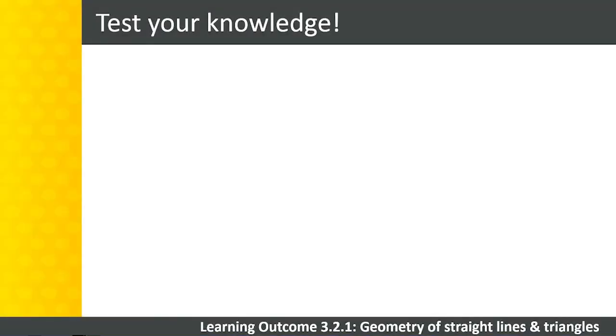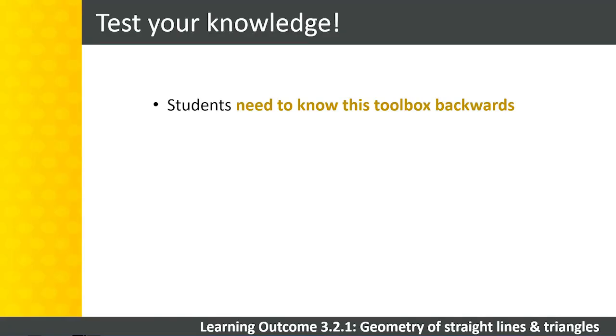Triangles, interior angles add up to 180 degrees. The exterior angle is equal to the sum, very important, of the opposite interior angles. And this information, you need to know it first. With geometry, students need to know this toolbox backwards.